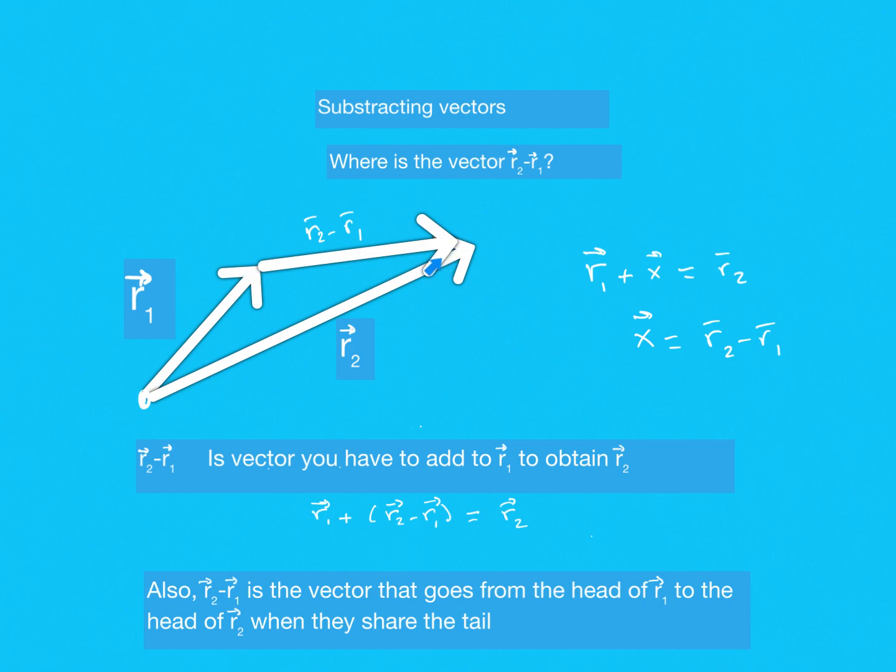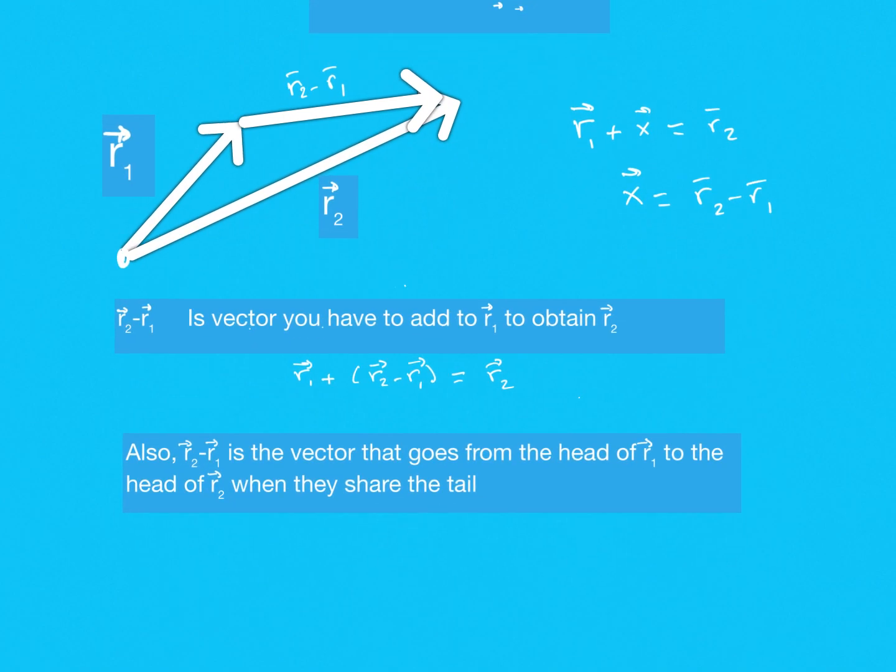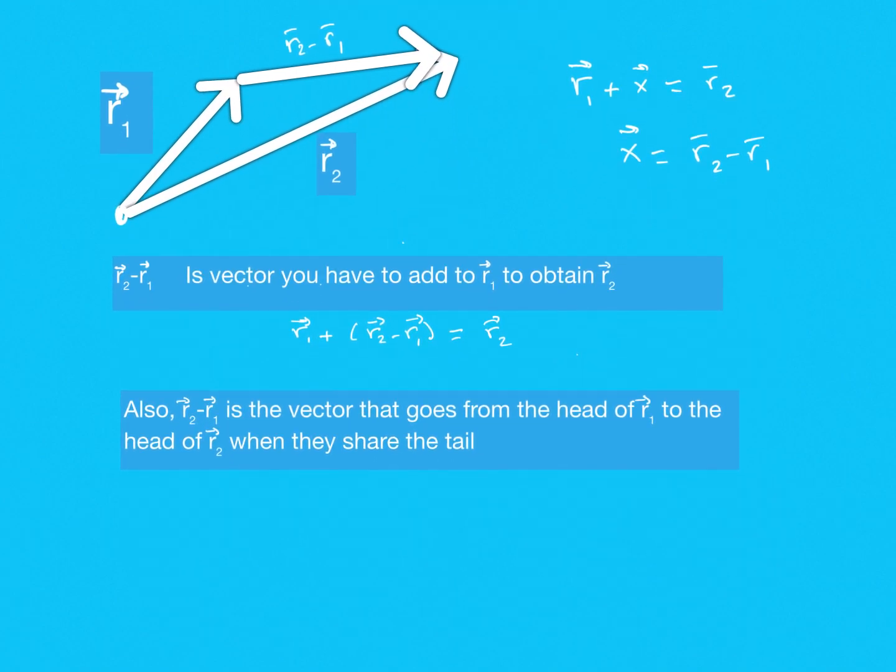This is different than with the sum. R2 minus R1 goes from the head of the first to the head of the second. So you have learned how to draw the vector R2 minus R1 given two vectors. You can always find R2 minus R1.